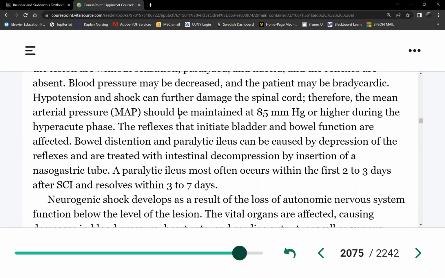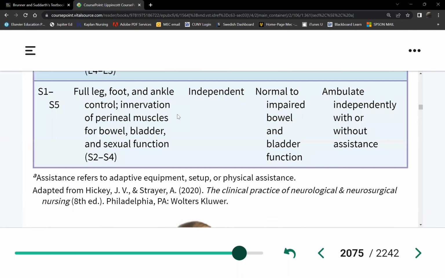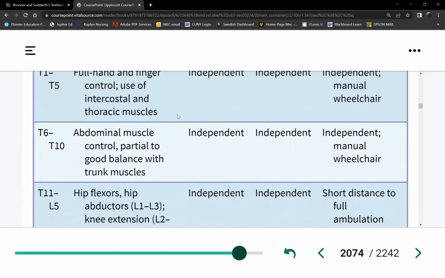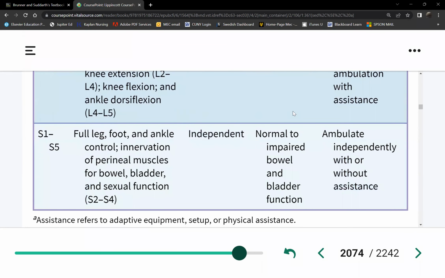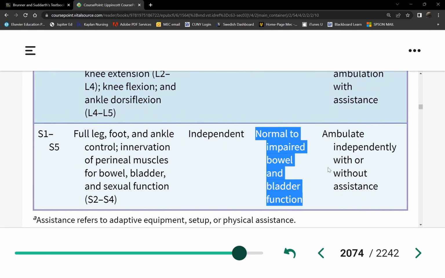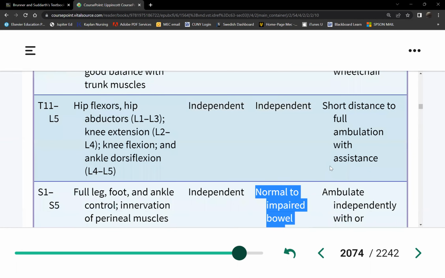And together with these, again, depending on the level of spinal cord injury, if you look under table 63-3, under bowel and bladder control, it should be somewhere right here. So sacral has normal to impaired bowel and bladder function, meaning can these patients pee or poop on demand? They will have to perform straight catheterization.